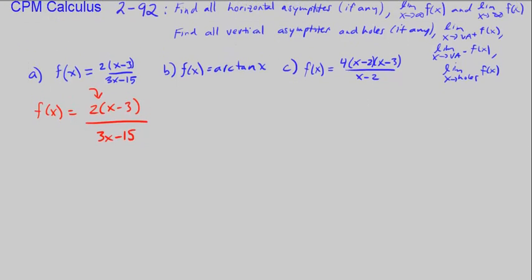So actually it is a little simplified. Let's distribute that 2, and we get 2x minus 6 over 3x minus 15. So here is our unsimplified function, right? Unsimplified.